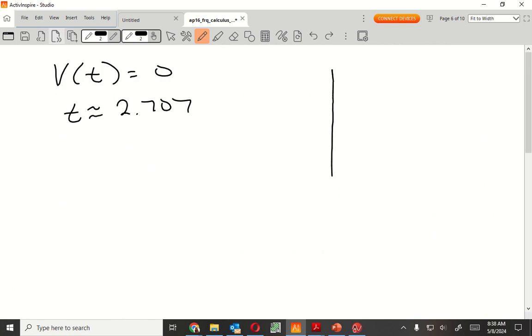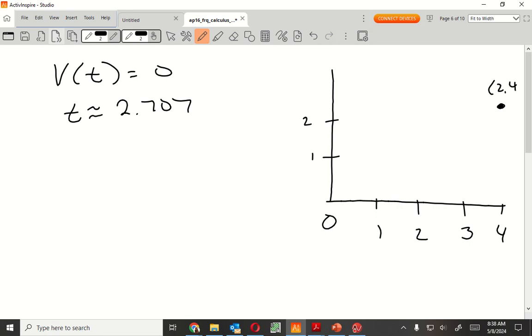So I have the sketch of my graph. At this point it was 4 comma 2. That's that point right there.